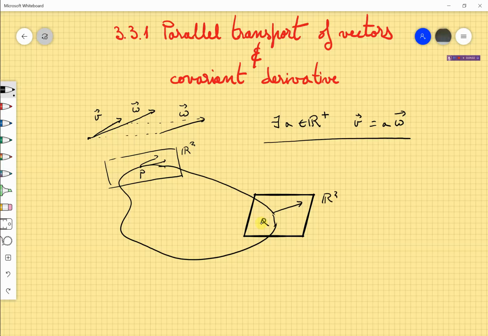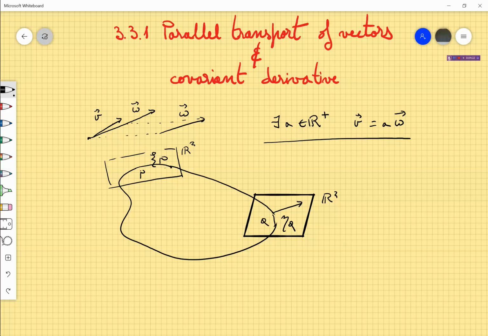However, I cannot say easily if a vector here, let me call it psi p, is parallel or not to another vector here. Let me call it eta q. Why? Well, there is no rule.